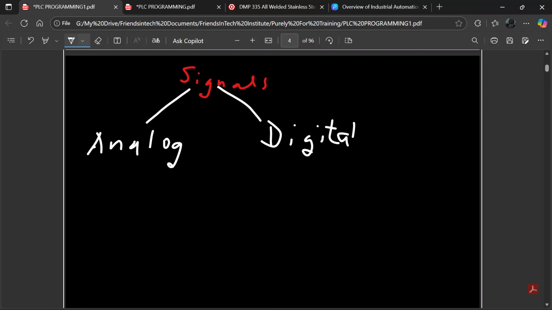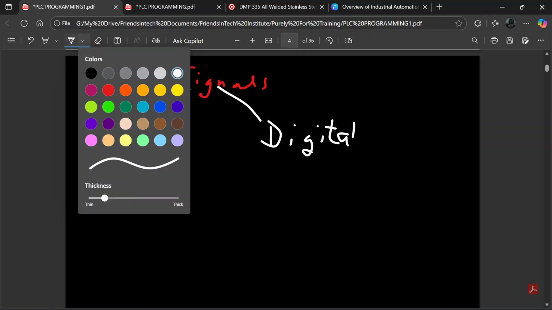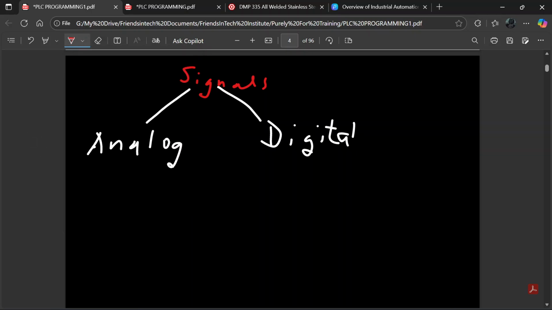All right. So inside digital here, we can subdivide into two. First we have digital input module or input card.